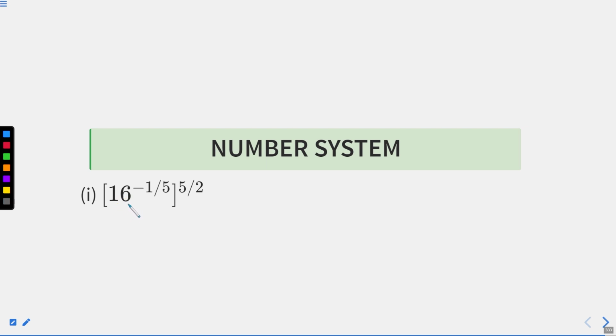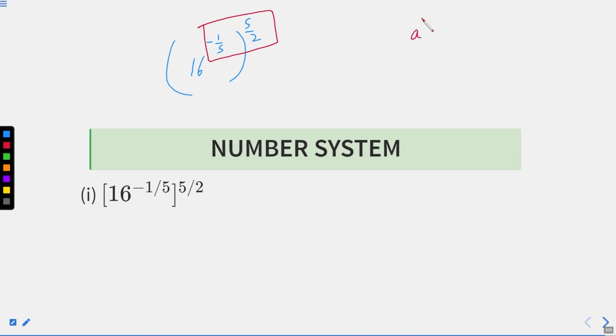Let me give you a little hint: 16 power minus 1 by 5, then bracket 5 by 2. First of all, just multiply them, then the common things will get cancelled.